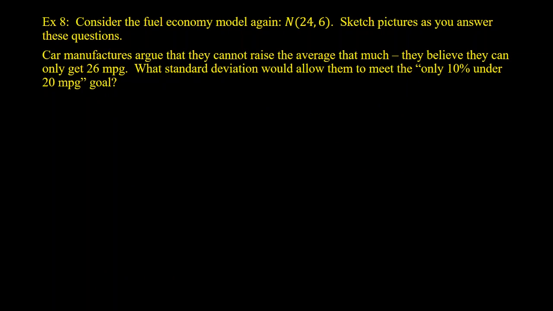Car manufacturers argue that they cannot raise the average that much. They believe they can only get 26 miles per gallon. What standard deviation would allow them to meet the only 10% under 20 miles per gallon goal? So now I have my curve with a mean of 26, I have 10% there, which will give us that same z-score.